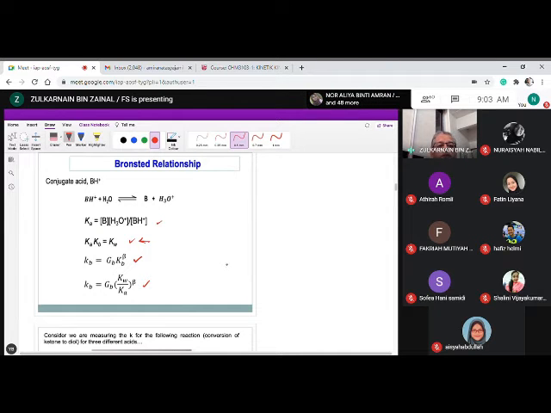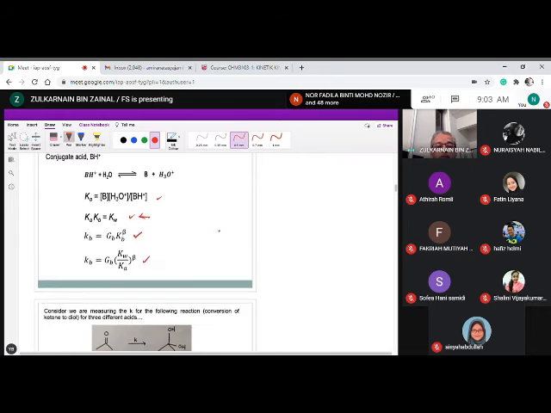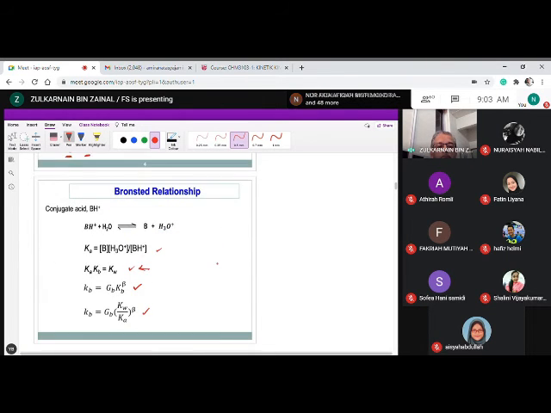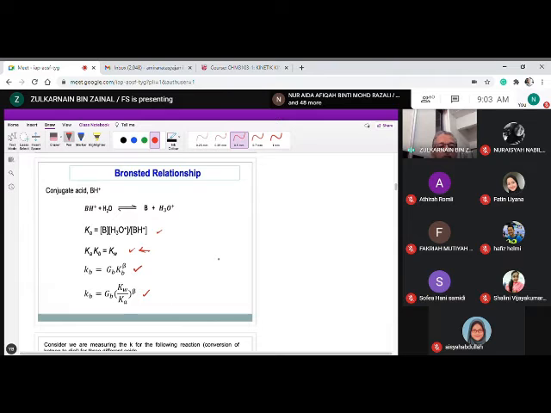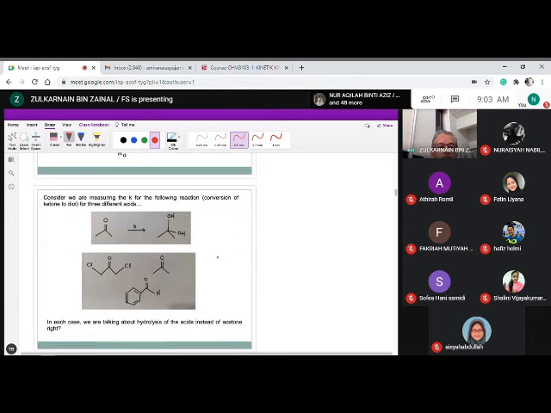So this is for the case of base catalyzed reaction. So you have acid catalyzed reaction, and we have base catalyzed reaction. What are their constants? How do they relate to the constants Gb, alpha, and beta, where Ga, Gb, alpha, and beta are the constants in the Bronsted relation.